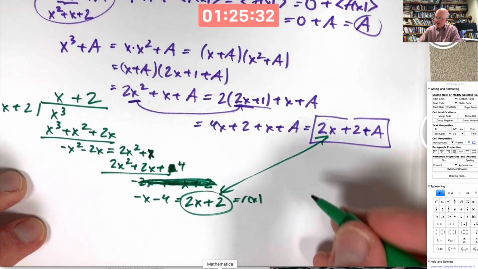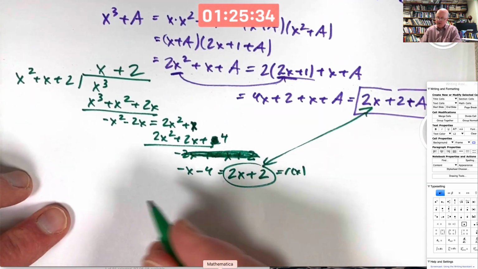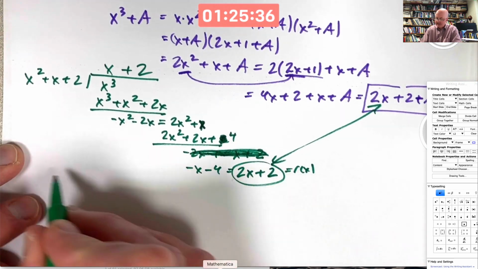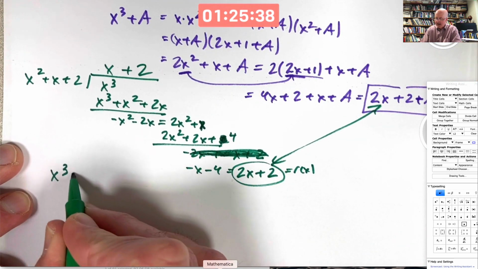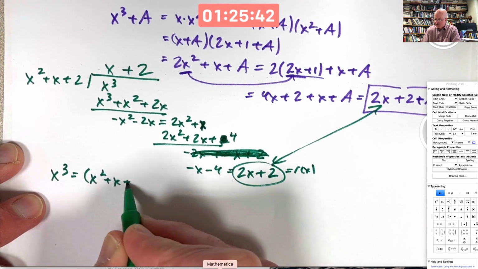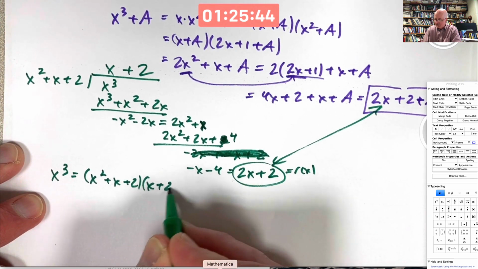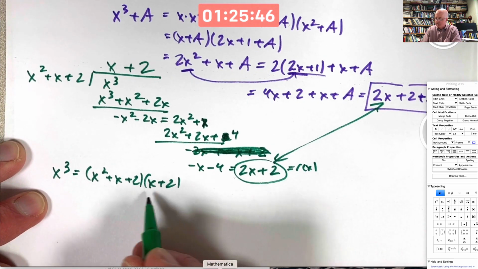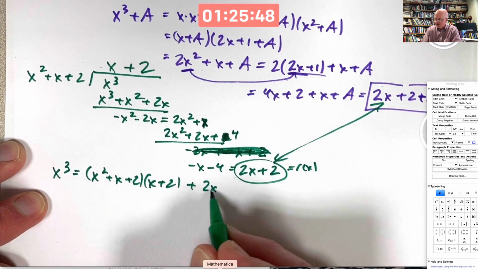The reason is because what this means is that x cubed can be written as x squared plus x plus 2 times x plus 2. There's your thing you were dividing by, there's your quotient, plus this remainder, 2x plus 2.